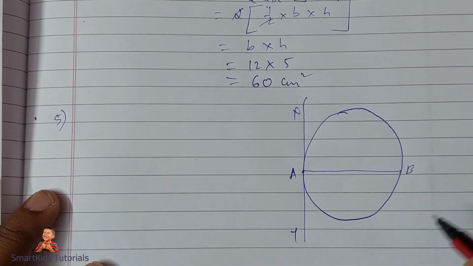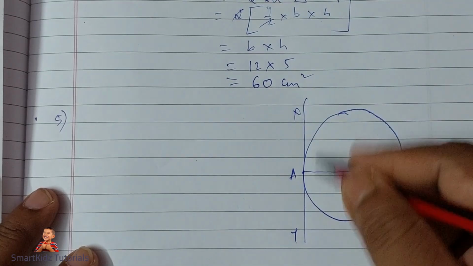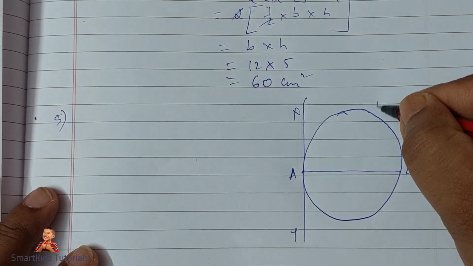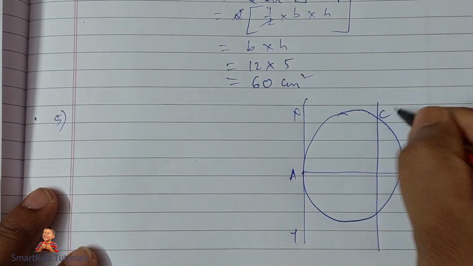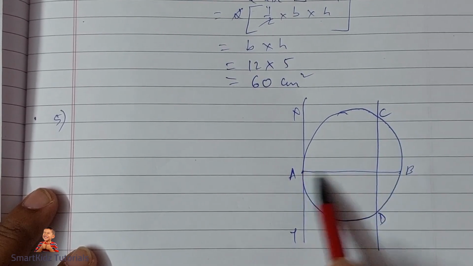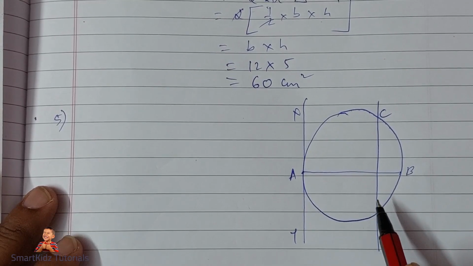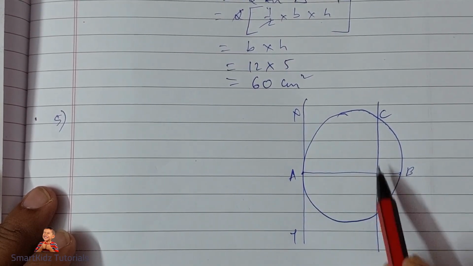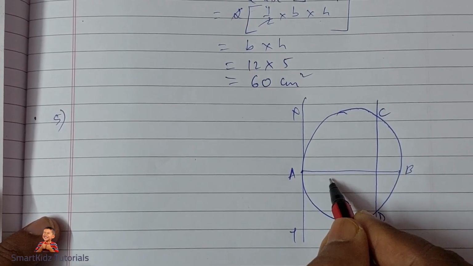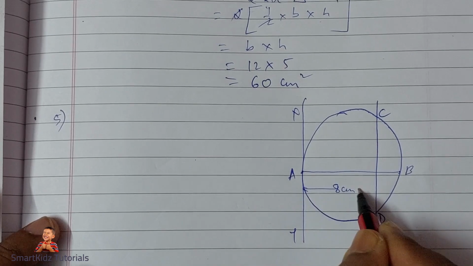And we have CD as a chord which is parallel to this XY. So we take that somewhere over here. That becomes C and D, parallel to this. AB is given on them. We are told that the distance of this tangent from this chord is 8 centimeters. So this would be 8 centimeters from here to here.